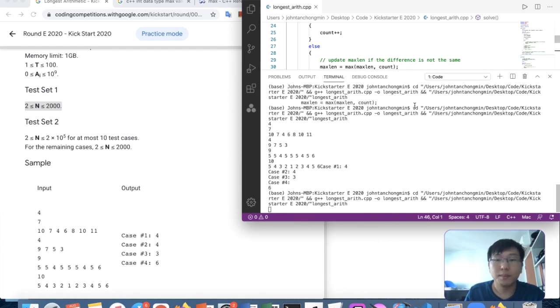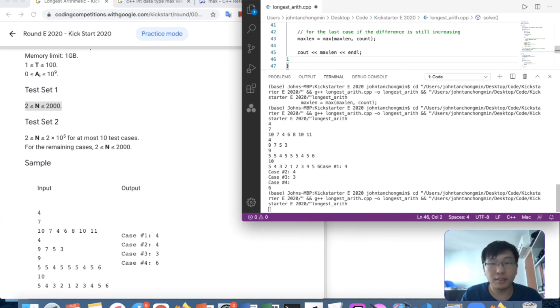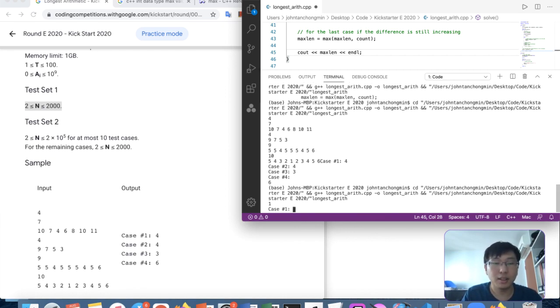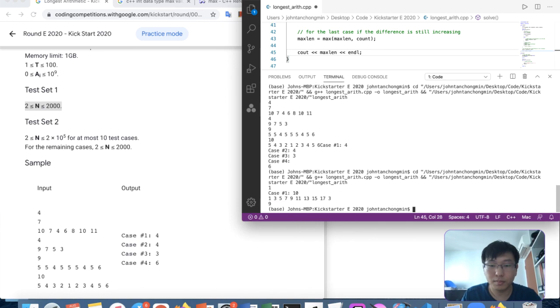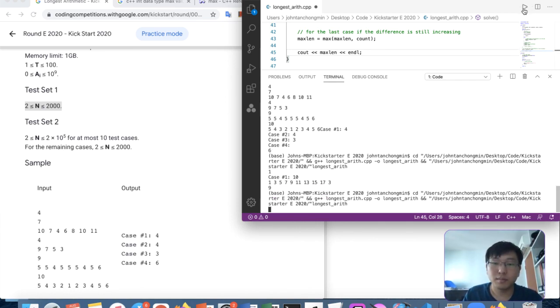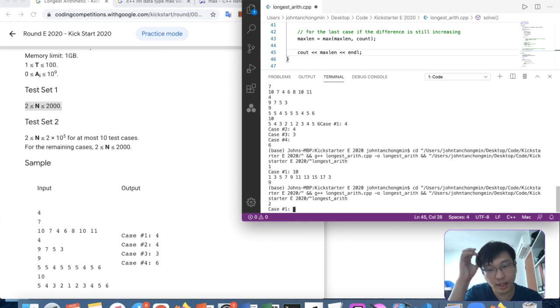So let's just try to give ourselves some edge cases to test with. So maybe let's have a sequence of 10 numbers: 1, 3, 5, 7, 9, 11, 13, 15, 17. 1, 2, 3, 4, 5, 6, 7, 8, 9. Wait, last is 9, oh, that's correct. Okay, let's try others.